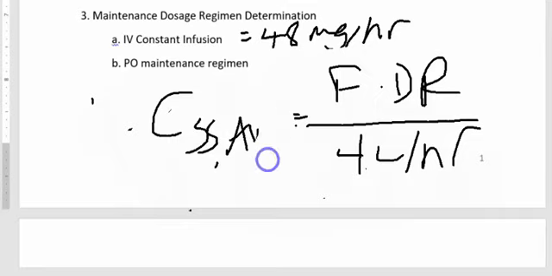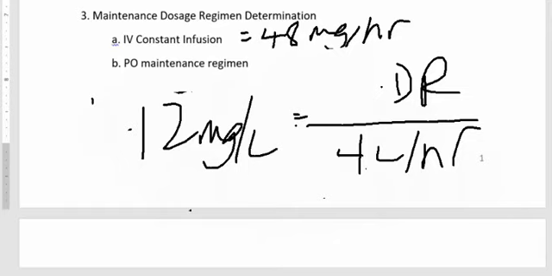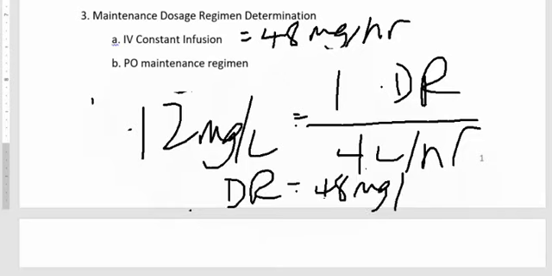Our target CSS average is 12 milligrams per liter. Our bioavailability, I've made this pretty simple, is 1, isn't it? So again, our dose rate is 48 milligrams per hour, but that isn't the end game, is it?